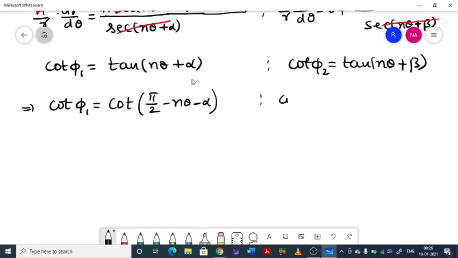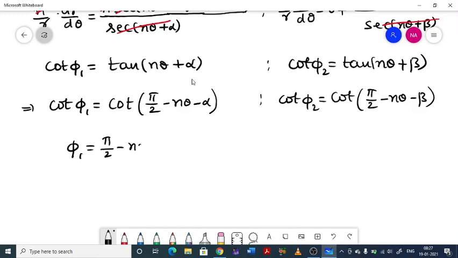Similarly here, cot phi 2 equal to cot of pi by 2 minus n theta minus beta. So phi 1 equal to pi by 2 minus n theta minus alpha, phi 2 equal to pi by 2 minus n theta minus beta.